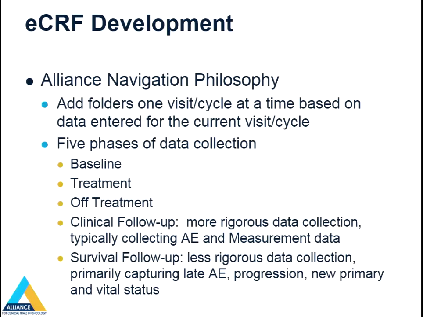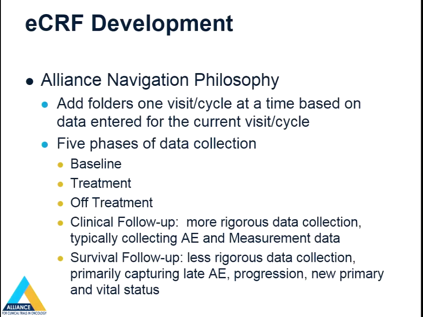It also keeps the sites consistent. They have to enter the information on one cycle. Once they've done that, the next cycle rolls out for them. We have 5 phases of data collection typically on our trials. We have baseline, treatment, off-treatment, what we term clinical follow-up, which is a more rigorous form of follow-up where we are typically collecting both adverse event and measurement data still.